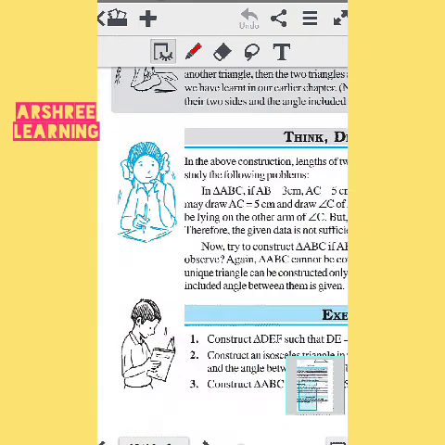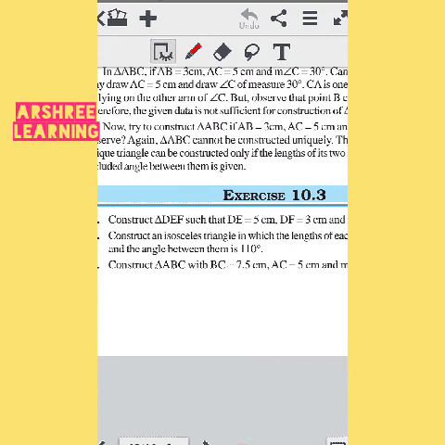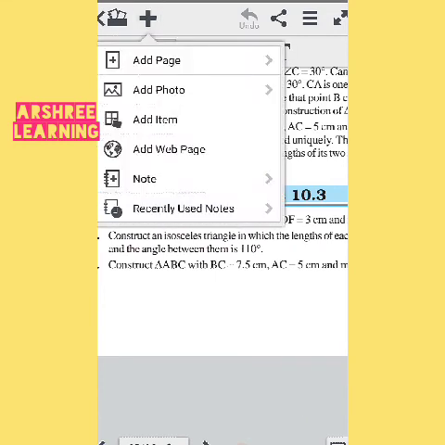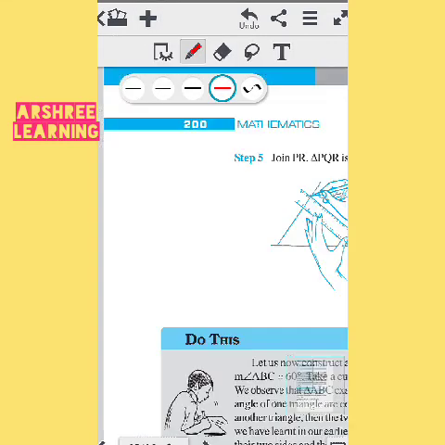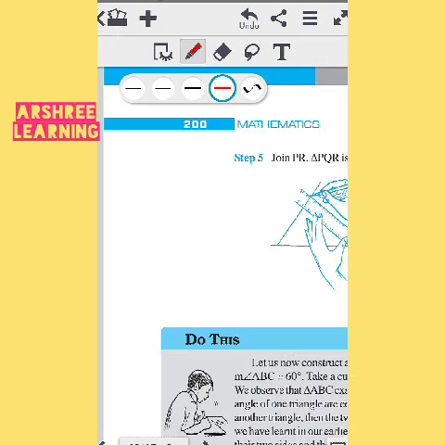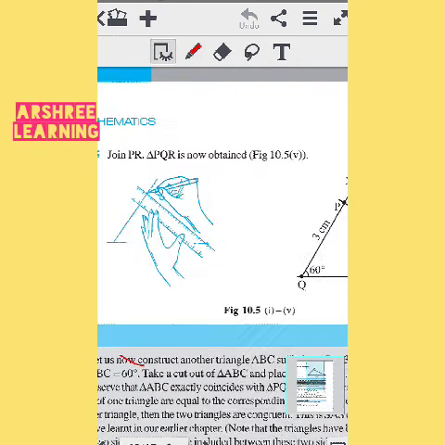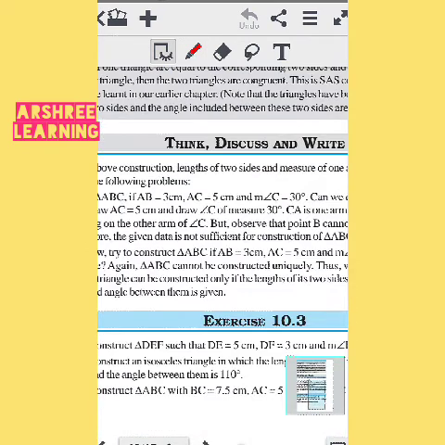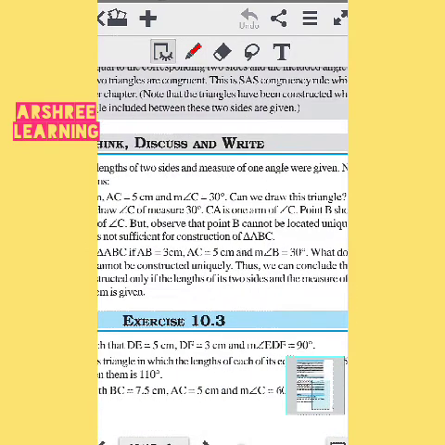In this question, two sides DE and DF are given. So triangle DEF, one angle is given. Angle EDF is given 90 degree.